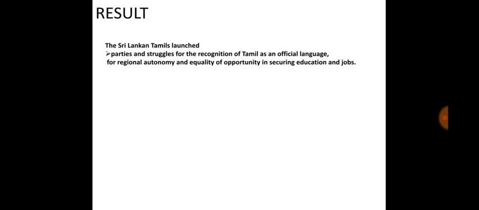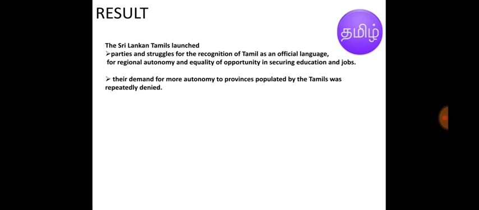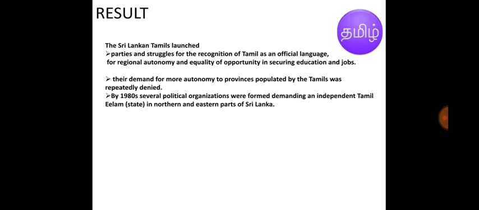By 1980, several political organizations were formed, and a very famous name, Prabhakaran, became their hero at that time. And they started to raise the demand for an independent Tamil Eelam. Eelam means state, that is, the Tamil homeland of Tamil Eelam. And they started to raise their voices.